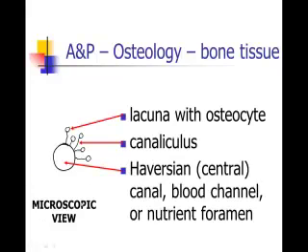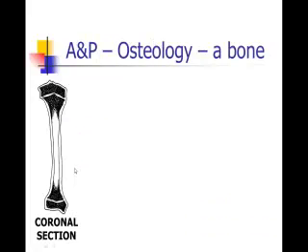And the Haversian canal or central canal or blood channel or nutrient foramen, that's where the blood passes through, and these canaliculi allow extensions of the cell to get close to that, to get their supplies, oxygen, glucose, things like that, and get rid of waste products.